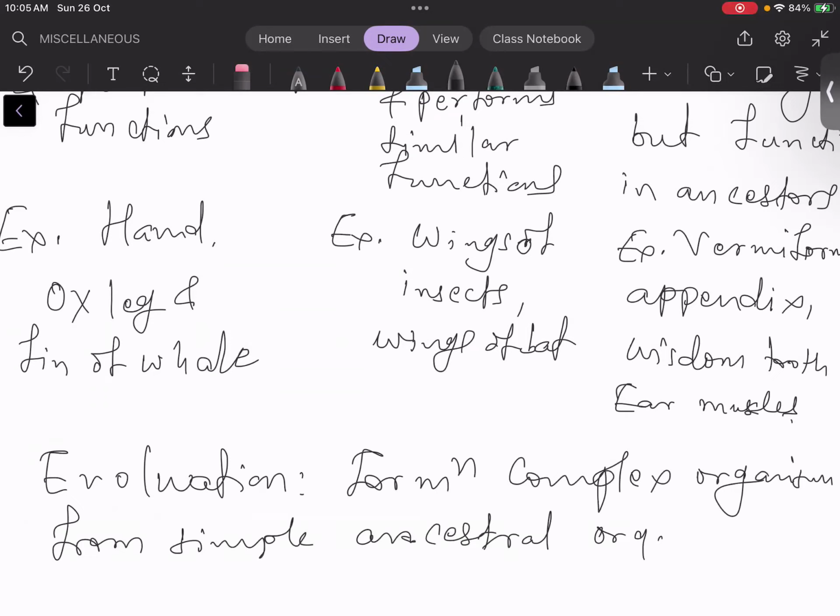That is called evolution. Generally, organic evolution is used to describe a slow and gradual process.